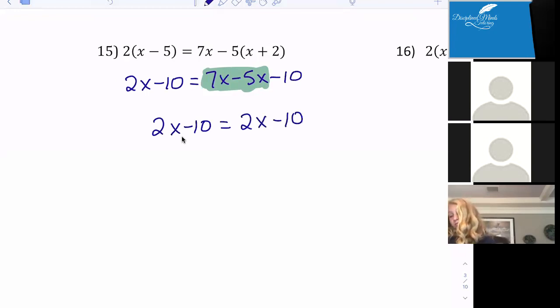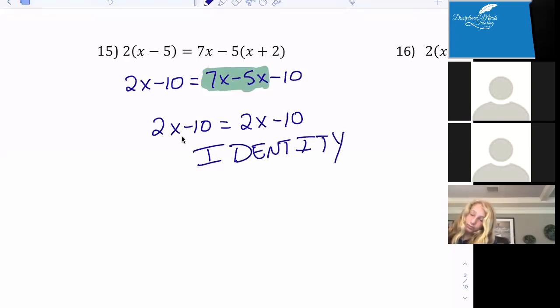Now you're supposed to look at that and say that is a what? It's the same, so it's a... That's right. That's an identity. And when we say identity, that means it's all real numbers.